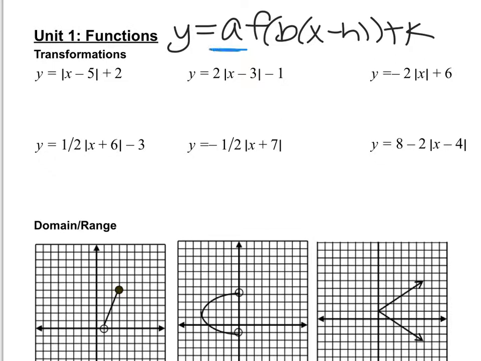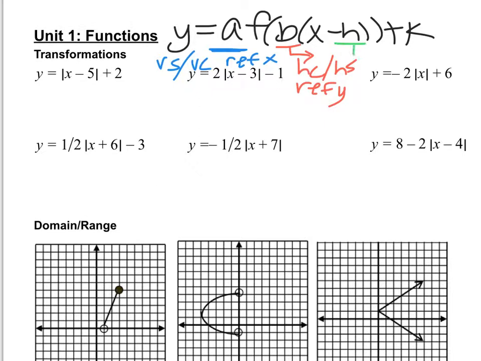A is going to tell us if it's vertically stretched or vertically compressed, and whether it's reflected over the x-axis. B tells me horizontally compress or horizontally stretch, and reflect over y.